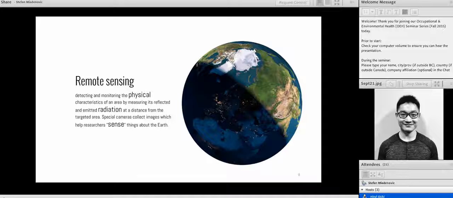And that energy can be detected from a satellite, or a plane, or a drone, or even your cell phone. In fact, the reason why you can see me right now is because I'm releasing energy and your eyes can detect me. So you are remotely sensing me. We don't have any physical contact. That's the very definition of remote sensing.